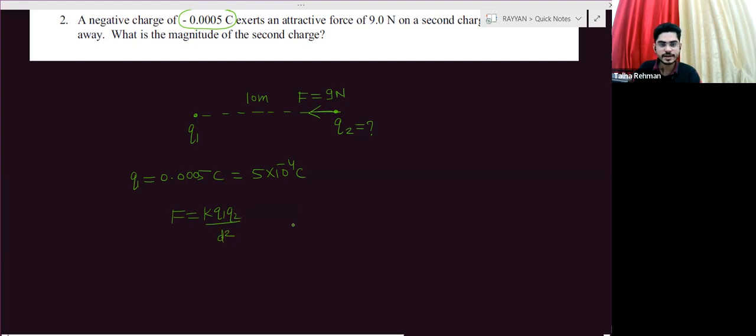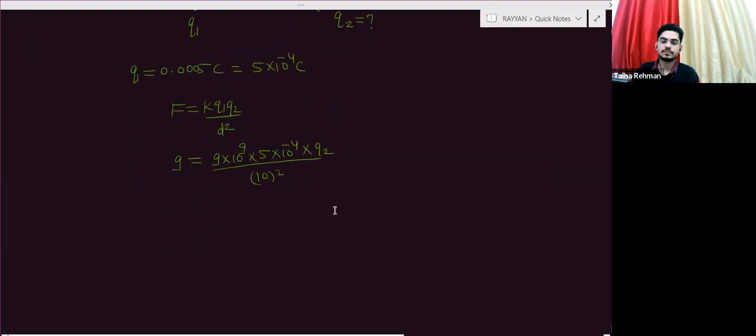Now force is given as 9 Newton. K is 9 into 10 to the power 9. Q1 is 5 into 10 to the power minus 4. Q2 we have to find. And D square means 10 square. Now can you solve this expression by yourself?